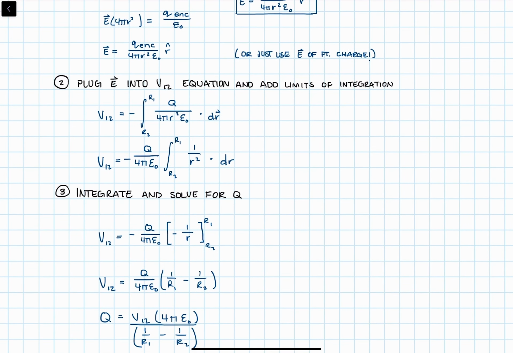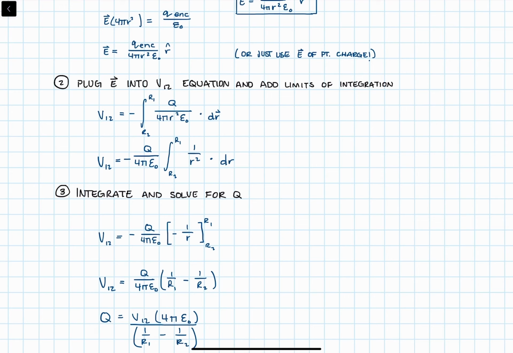It will be equal to negative the integral from R2 to R1, because the potential decreases as r increases, of the electric field dotted with dr. Since dr and the electric field are both in the radial direction, it's just the product of their magnitudes.